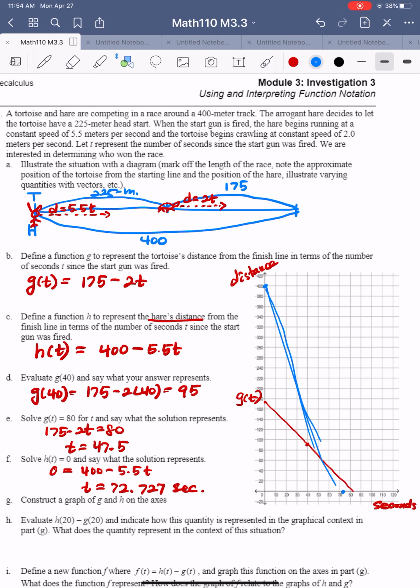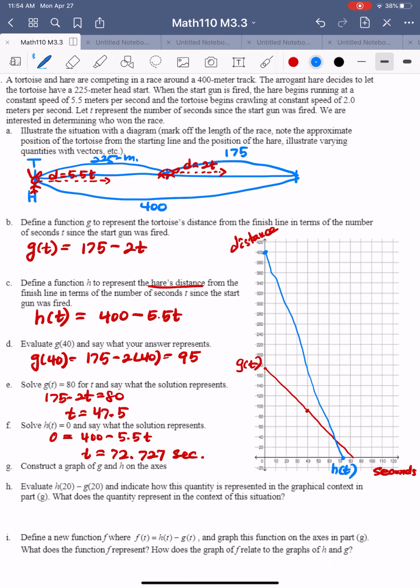Sorry, it's not easy to get it. Okay, let me try again. So here, to connect it nicely. Okay, so this is how it is. So as you notice, this is the h of t function.